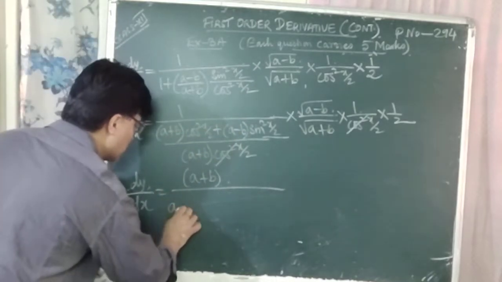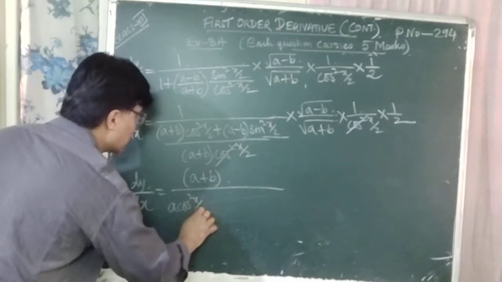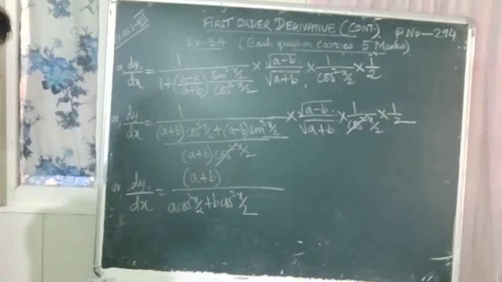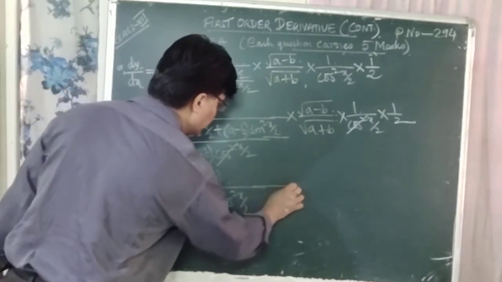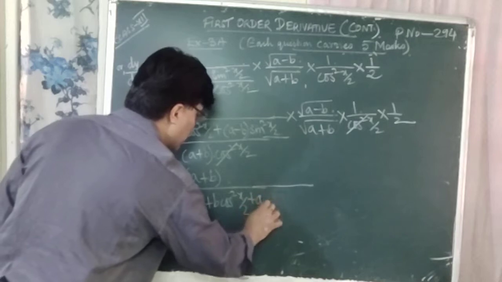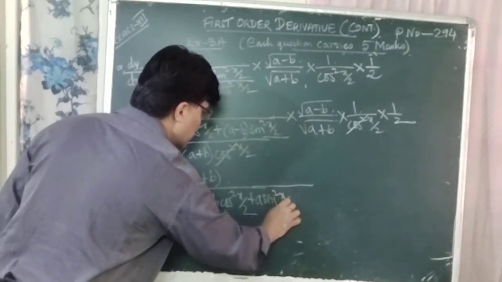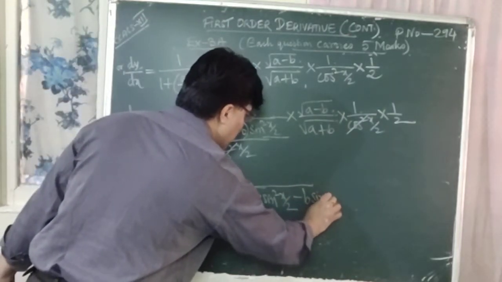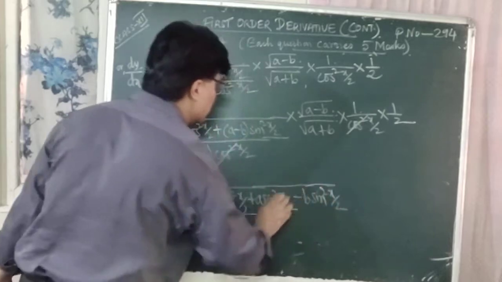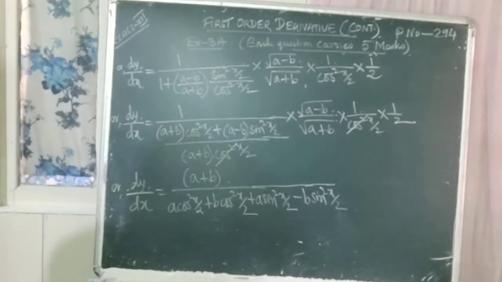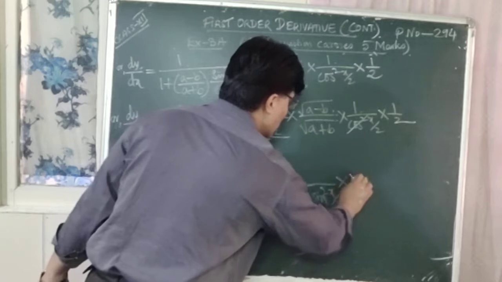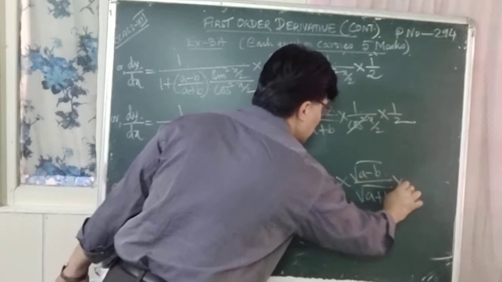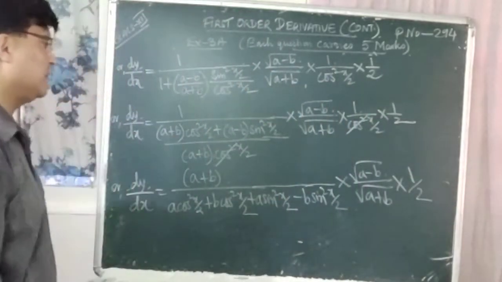A cos square x by 2 plus b cos square x by 2, then plus a sin square x by 2, then minus b sin square x by 2. Okay. Then next, root over a minus b upon root over a plus b into half.